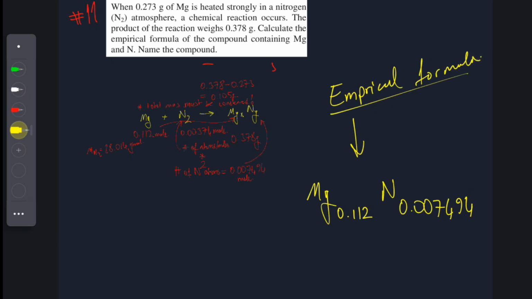So which number is the smallest? This number is smaller than this one, and I have to divide them by the small one.